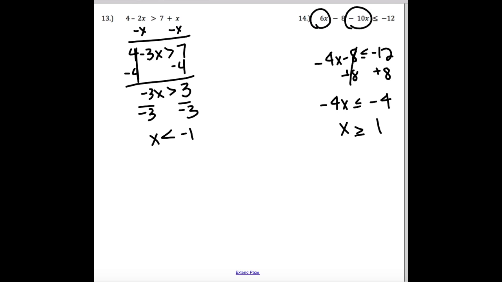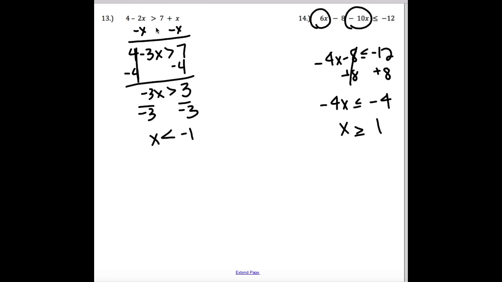And the last two examples here, on example 13, you are subtracting the same. I chose to subtract x first from both sides. Continuing through, in the very last step, I had to divide by a negative, so I had to flip the sign.